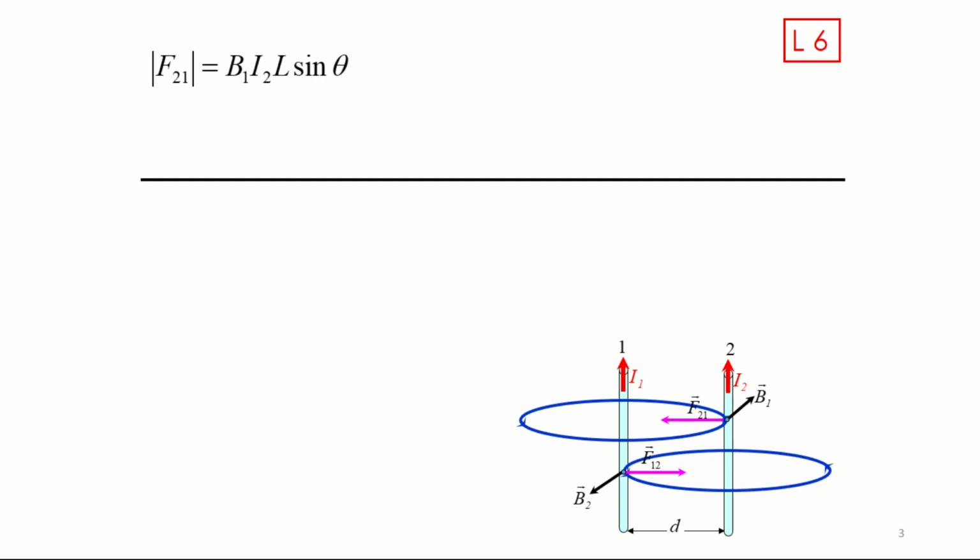To determine the magnitude of force, we use the equation F equals B I L sine theta. So the magnitude F21 equals B1 I2 L sine theta.